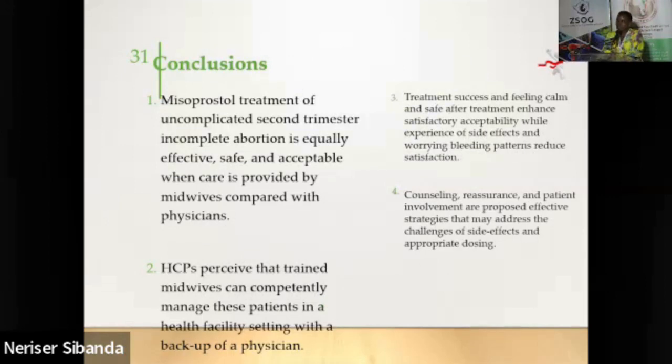And we see that treatment success and feeling calm and safe enhance acceptability, while side effects and worrying bleeding patterns actually reduce acceptability. Counseling, reassurance, and patient involvement are proposed effective strategies that may address the challenges of side effects and appropriate dosing.